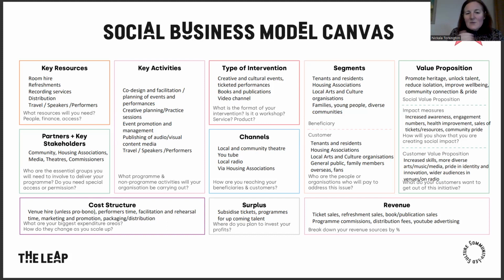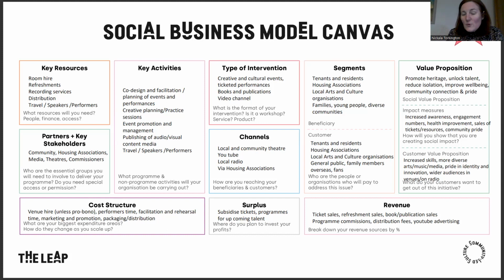And then it's a case of thinking, well, if that's the products and services, and we understand some of the beneficiaries here, sometimes it takes a little while to step back and think, who are the customers? So I'm jumping back into the segments box, because we now know that we've run these events and performances, and we've got these other resources.